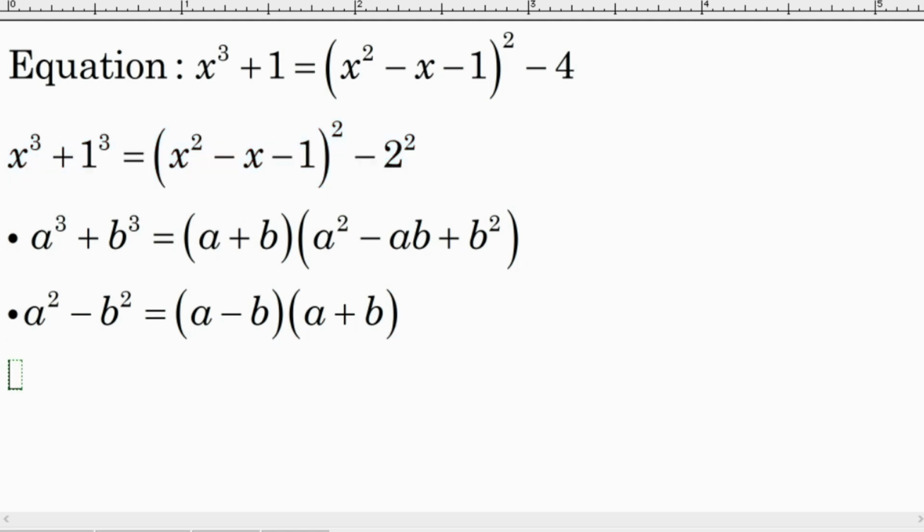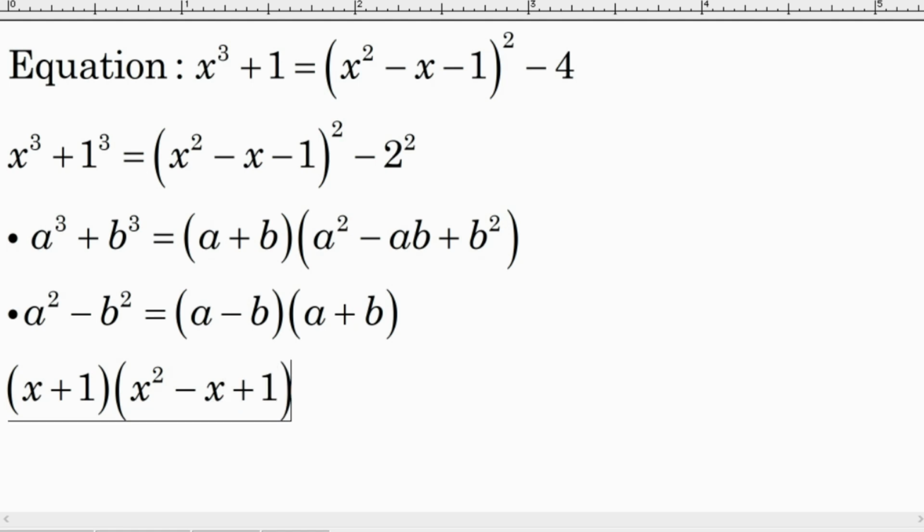So now let's go ahead. Here we have the first side, which is x cubed plus 1 cubed. That is in the form of a cubed plus b cubed, so I can expand it into these two factors: (x plus 1) factor (x squared minus x plus 1).